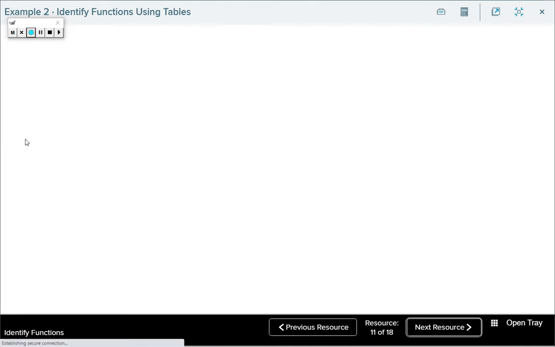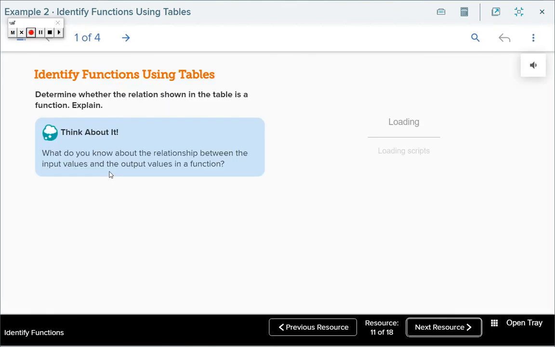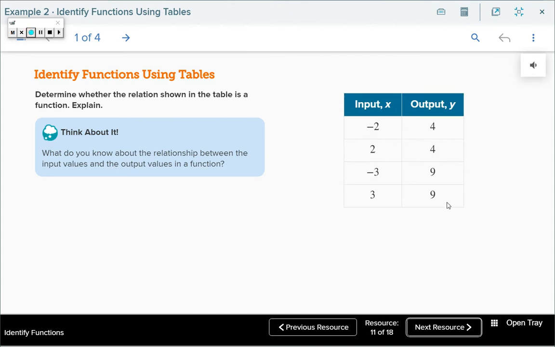Okay. So let's look at these tables and determine if these identify as a function. All right. Look at this one. They're trying to make it confusing. Why? Because positives and negatives. This has one input. How many outputs do I have? One input. How many outputs? One input. How many outputs? One input. How many outputs? Can I have the same outputs? I can. Remember, x's can't be the same, but y's can be the same and it can still be a function.